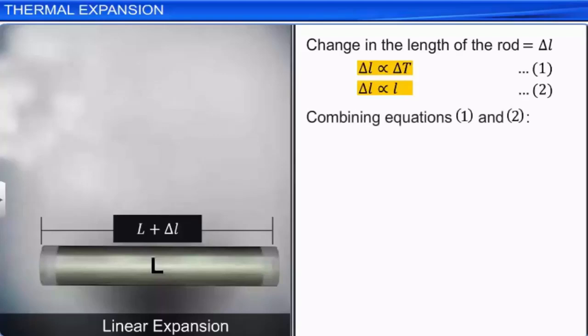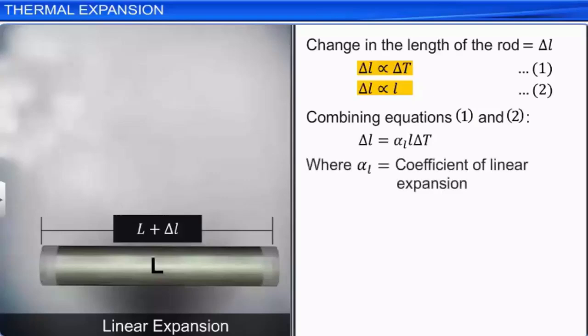Combining equations 1 and 2, we get the expression delta L equal to alpha L into L delta T, where alpha L is the proportionality constant called coefficient of linear expansion and is characteristic of the material of the rod. The fractional change in length, delta L by L, is equal to alpha L into delta T.